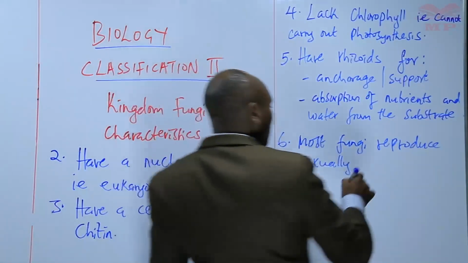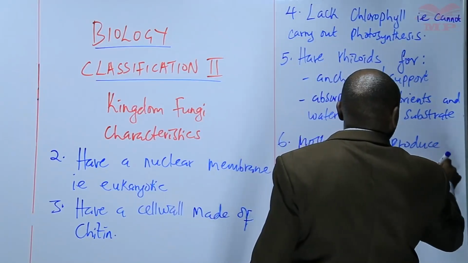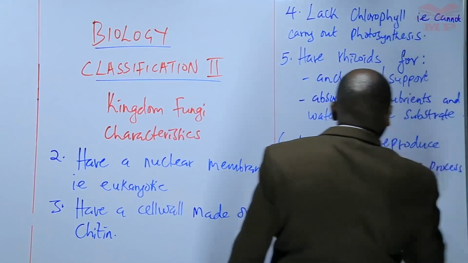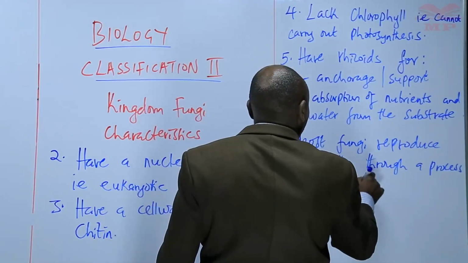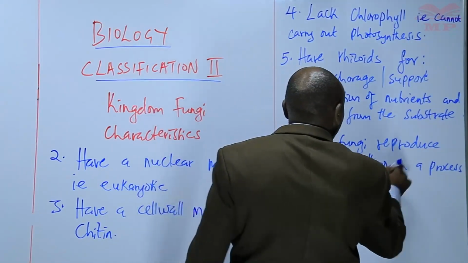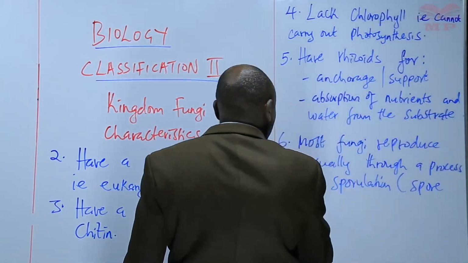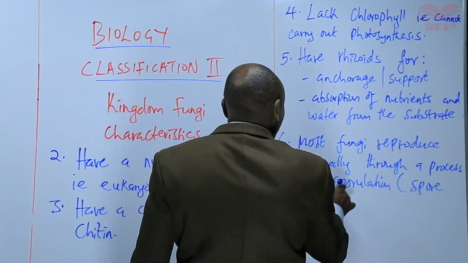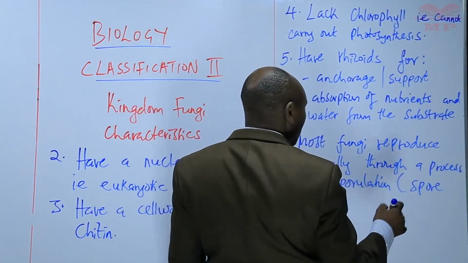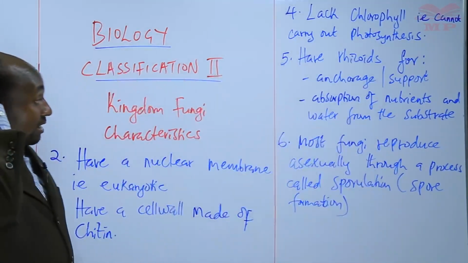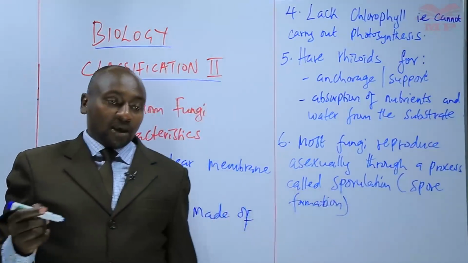Asexually through a process called sporulation. Sporulation means spore formation. They form spores. So that process by which they reproduce by formation of spores is called sporulation.